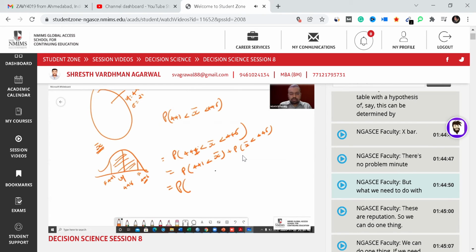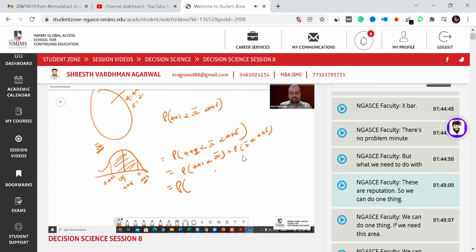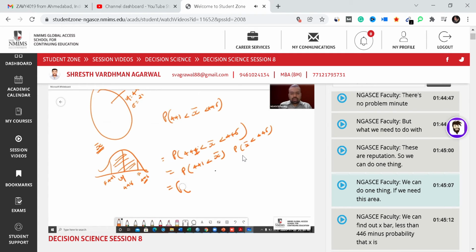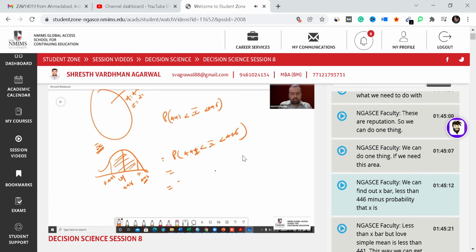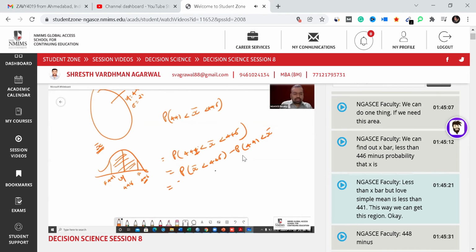But there's a repetition, so we can do one thing. If we need this area, we can find the probability that X bar is less than 446 minus the probability that the sample mean is less than 441. This way we can get this region.